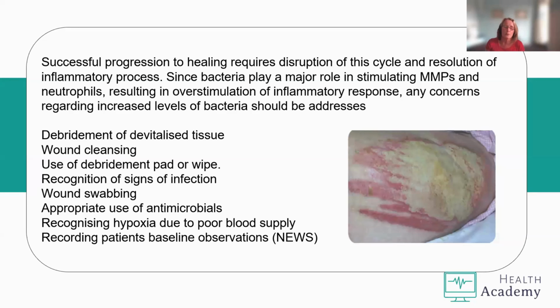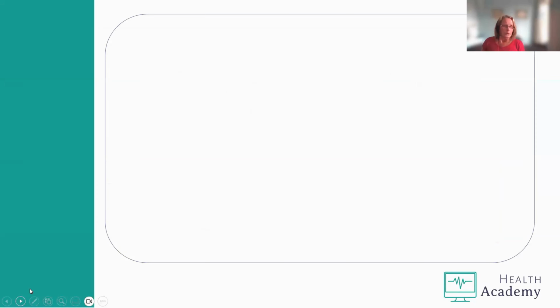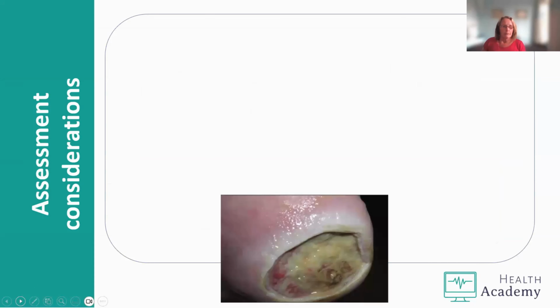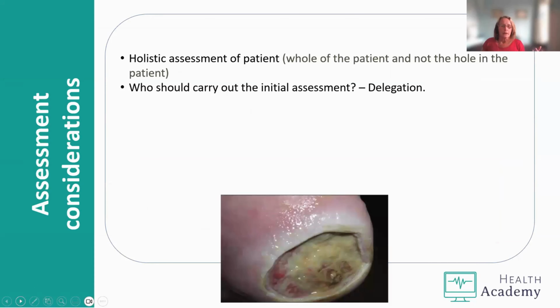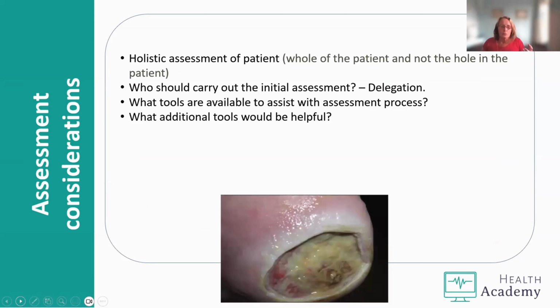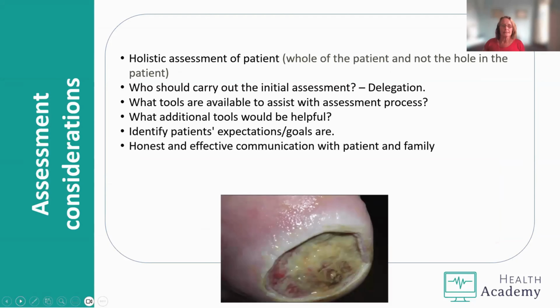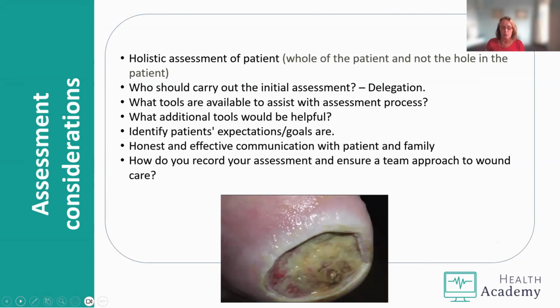And do we recognize when wounds maybe are struggling with the microcirculation and the patient's aspects themselves? So if we think about it, coming back to what we were saying earlier, that holistic assessment of the patient is really important.